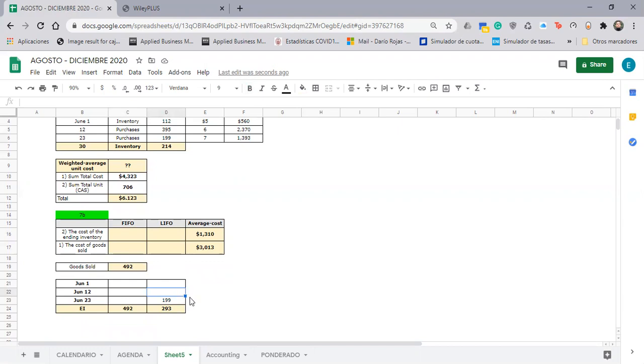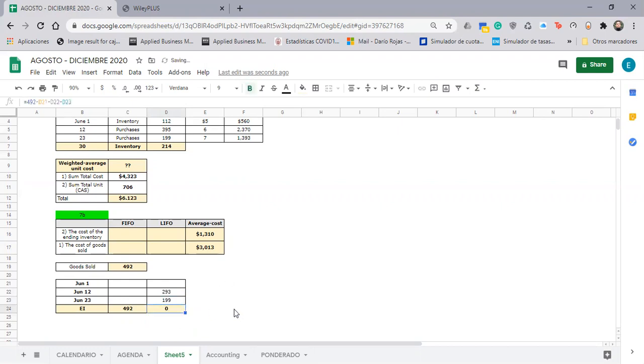So the next last date of purchase was June 12th. We know that on June 12th, the company purchased 395 units, but we only need 293 from this date. So that purchase was enough to cover the goods sold. So we put on here 293.